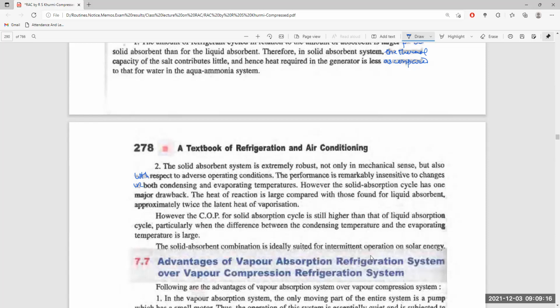So you have to make a separate cooling arrangement for cooling this water absorbent so that the absorbing capacity increases. But here, the heat of reaction between ammonia and calcium chloride is much higher than that found for liquid refrigerant, approximately twice the latent heat of vaporization.